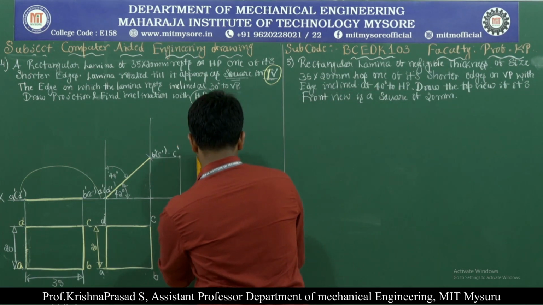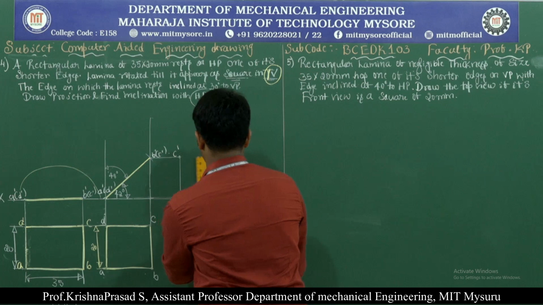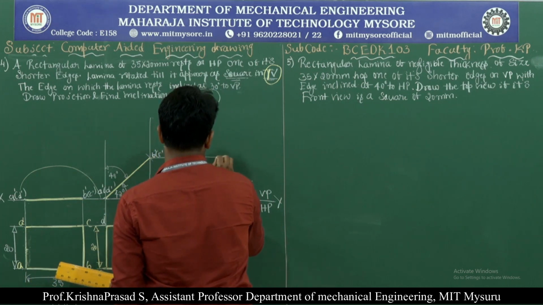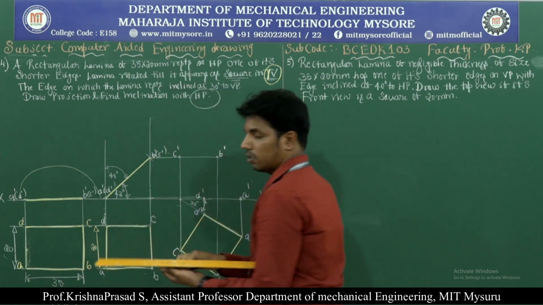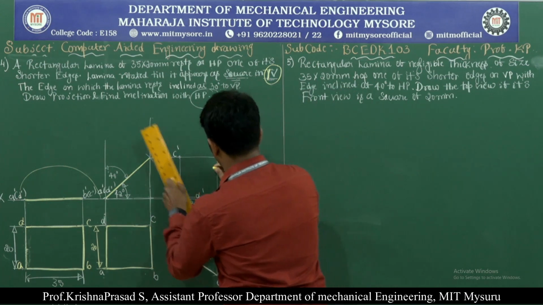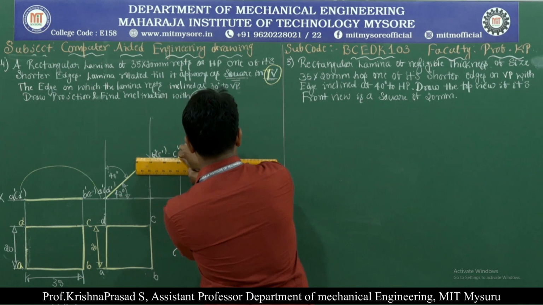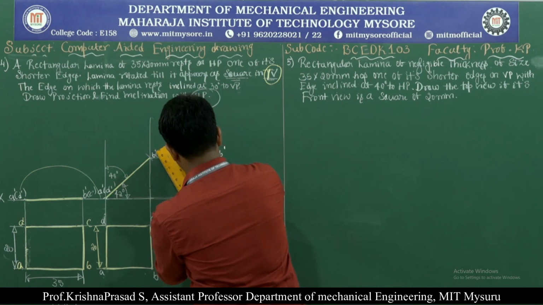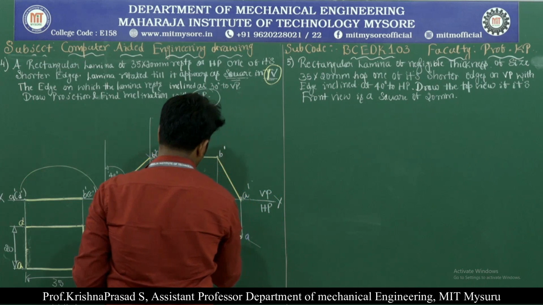Similarly, this is B and this is B dash, both meeting at a point B dash. Now complete the figure: A dash B dash, B dash C dash, C dash D dash and D dash A dash.